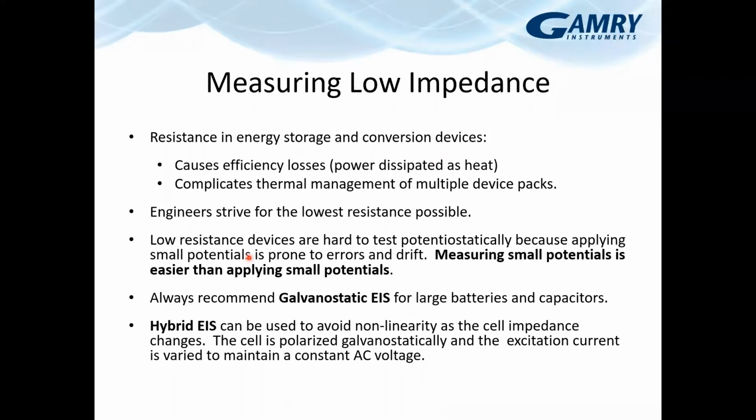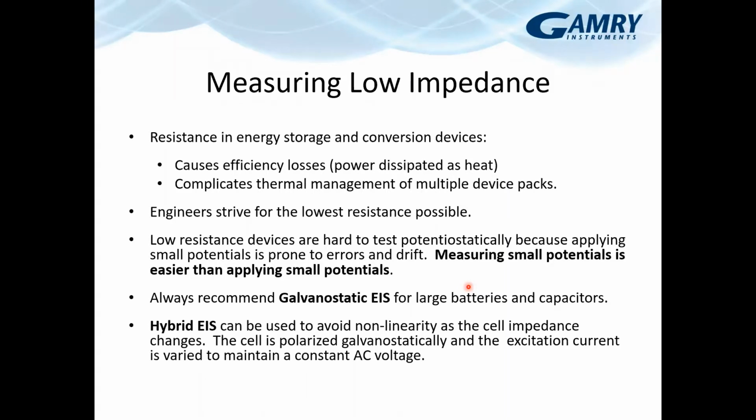Low resistance devices, first off, testing them potentiostatically, because tiny AC potential can lead to very large currents. And by the time you shrink that applied potential down to something where the current is manageable by the potentiostat, it becomes very, very difficult to control it.